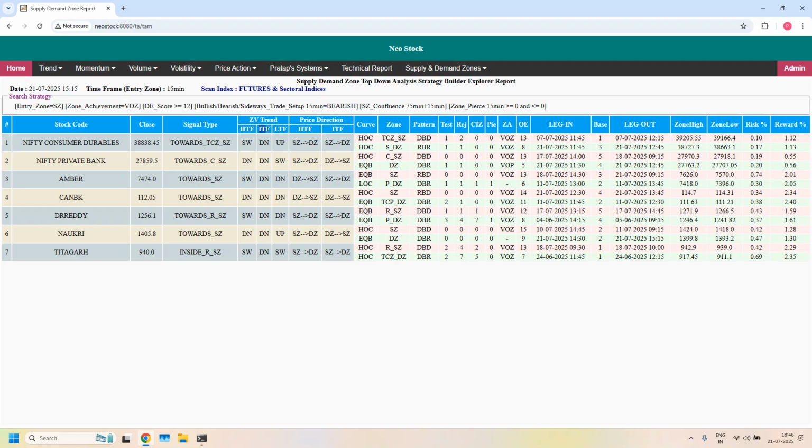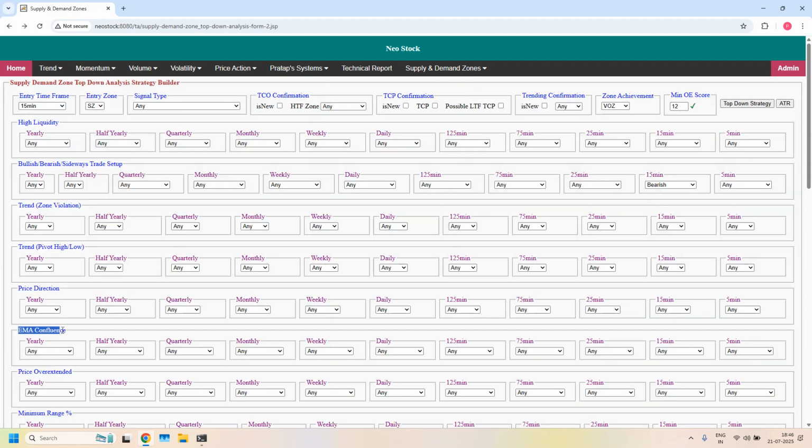That means in all the 7 stocks, these 15-minute supply zones are overlapped with 75-minute supply zone. And 75-minute trend is downtrend in all the stocks. So we can further filter based on the EMA confluence. Let's verify. In the EMA confluence, because 15 minutes overlapped with 75, we have to check whether the 75-minute supply zone is having daily EMA or not. The filtered stocks have 75-minute supply zone having 15-minute supply zone.